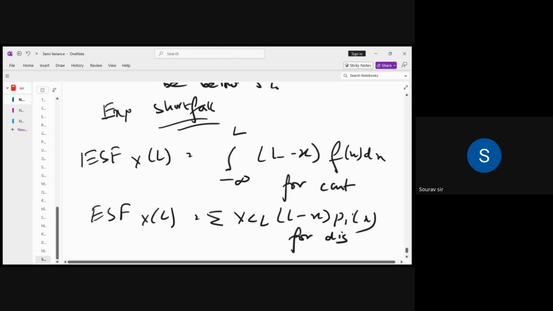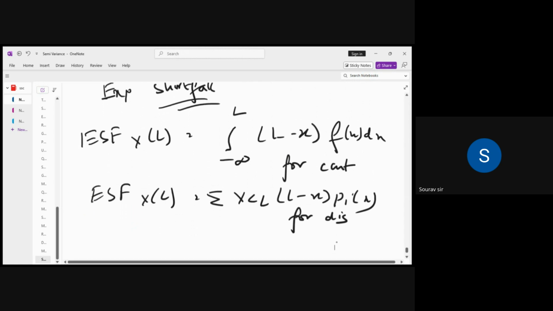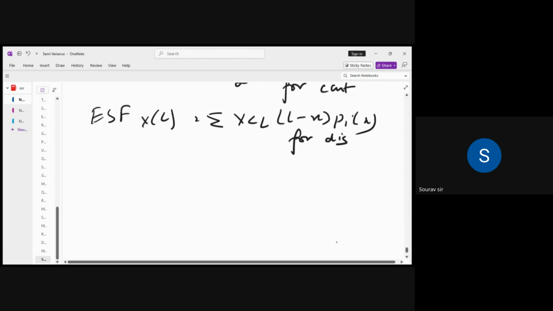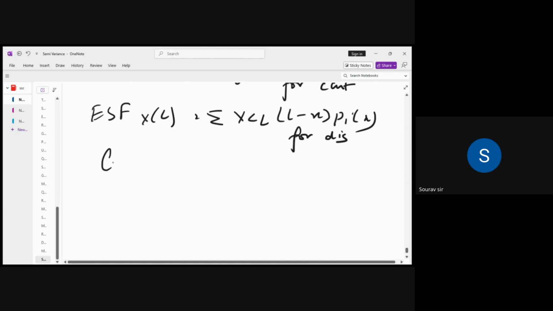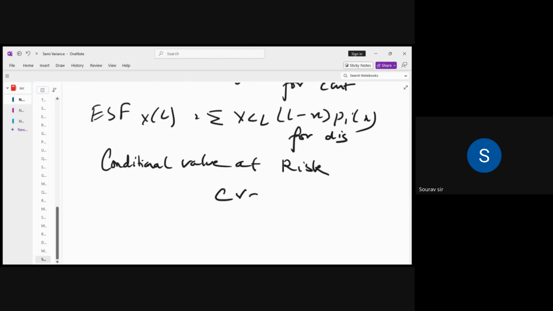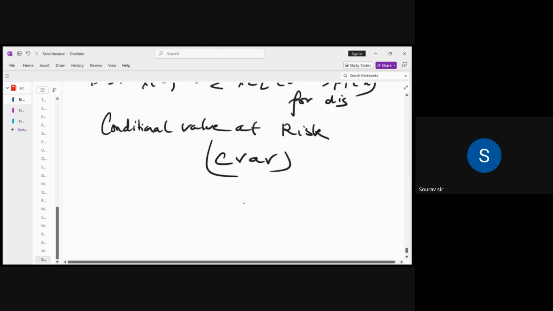Basically, expected shortfall we can also call conditional value at risk, that is CVaR, which measures the expected loss beyond a certain threshold.